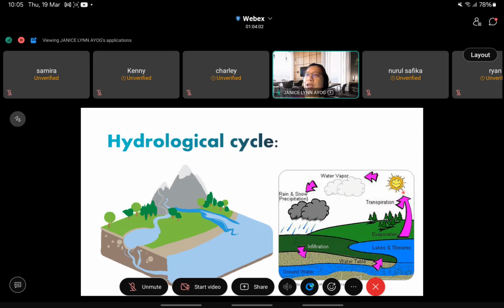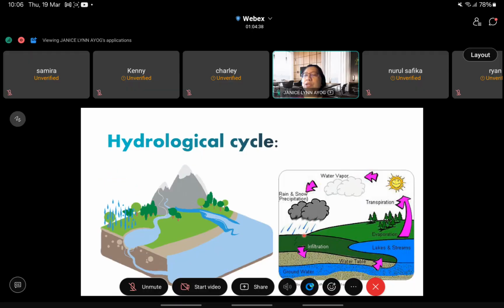It goes up as water vapor, and then the water vapor will combine and accumulate, becomes heavier, and then it will condense to become rain or snow, mostly rainfall, but snow normally you would see in the four-season countries. When the rain falls on the ground, it will produce surface runoff, basically the water that falls on the surface of the land.